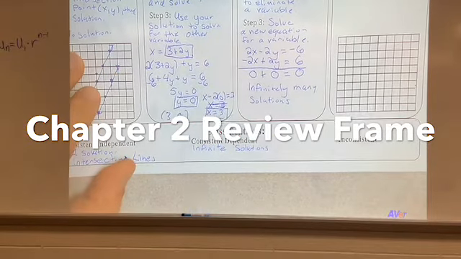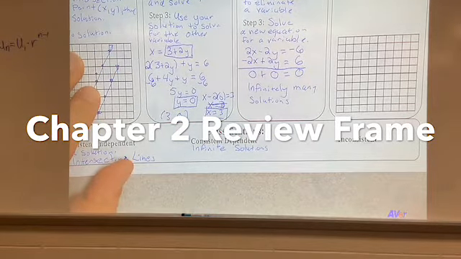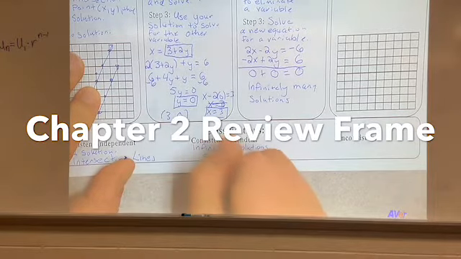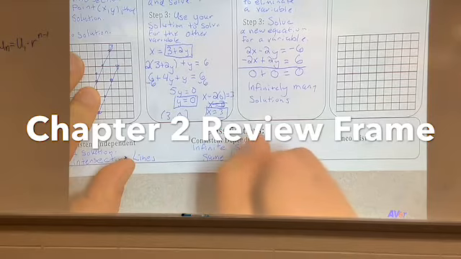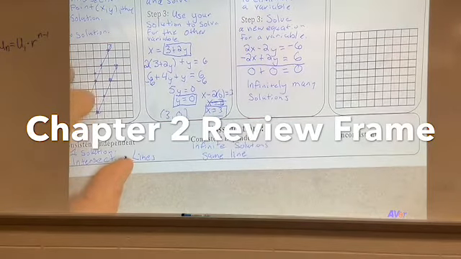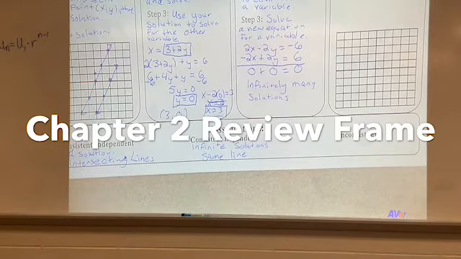And if there's infinite solutions, it just means that you're graphing the exact same line. So, same line. And typically what you'd have there is, let's say we had in standard form x plus y equals 5.